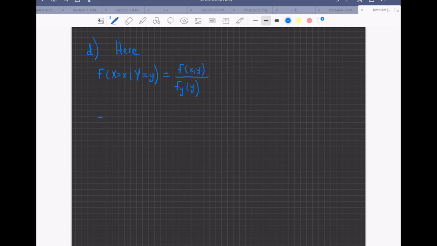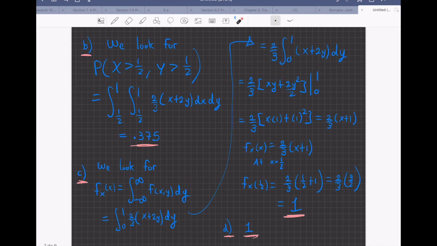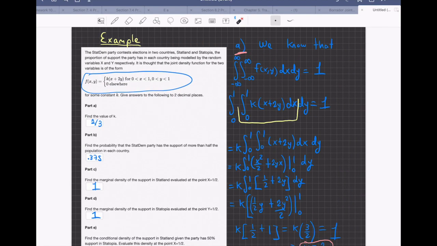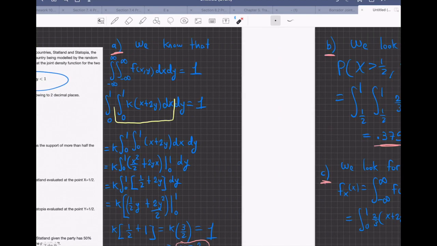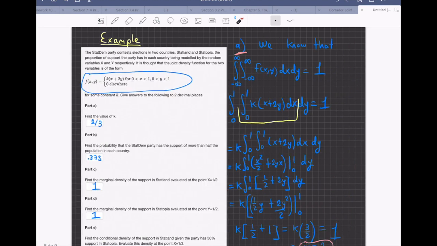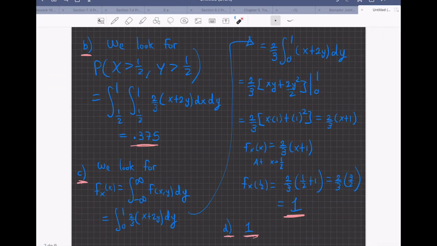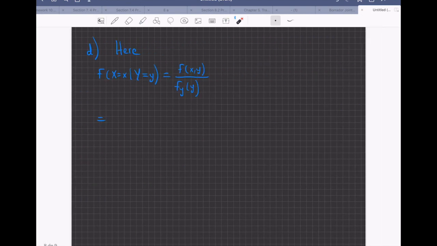So in this case, we need the joint density. The joint density is only the common function, right, with the constant 2/3. It's going to be 2/3 times x plus 2y.